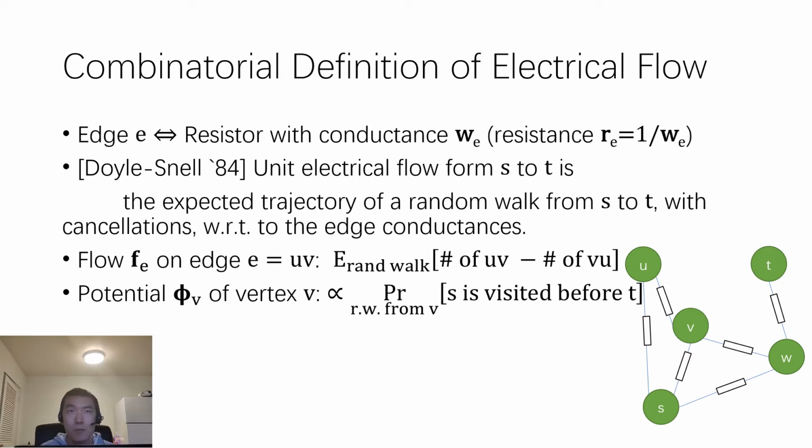And by a random walk from S to T, we mean that the random walk starts at S and ends once it hits T. So by this interpretation, the electrical flow on edge E is the expected number of times the random walk uses this edge E in one direction minus the expected number of times it uses E in the other direction. And the potential phi V is proportional to the probability that the random walk from S to T hits V before it ends. So we will not use the definition by Laplacian matrix.